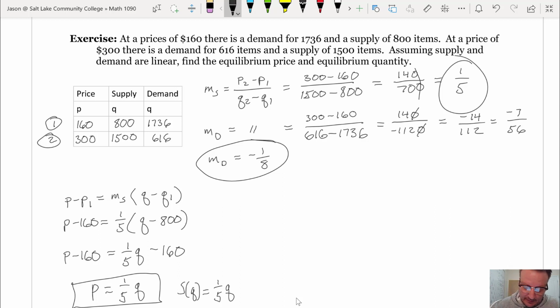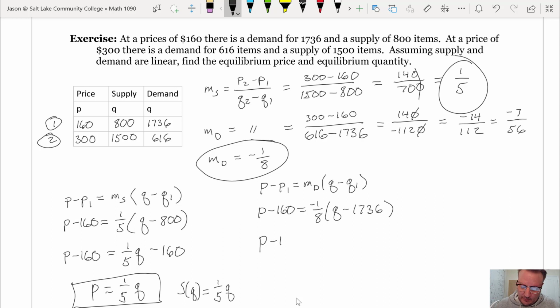We need to do the same thing and get the demand curve. Again, we'll use this point slope form. P minus P1 is equal to M sub D times Q minus Q1. So we get P minus 160 is equal to negative 1/8 times Q minus, now I got to use Q1 from the demand column. Q1 from the demand column is 1736. Okay, let's simplify. P minus 160 is equal to negative 1/8 Q, and it'll be plus, what is 1736 divided by 8?